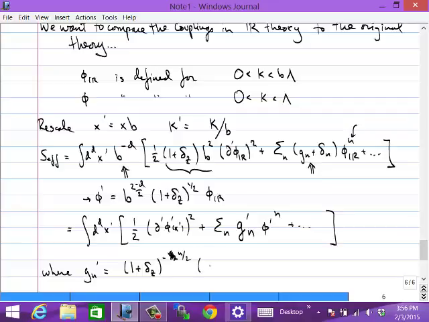And then we have Gn plus delta n. And then we get B to the power minus d plus n times d minus 2 over 2, if I did that correctly.